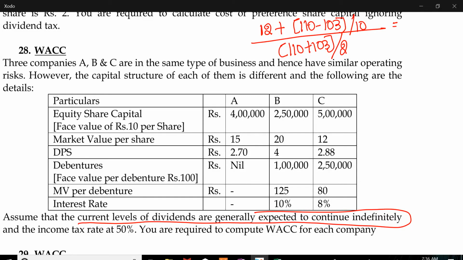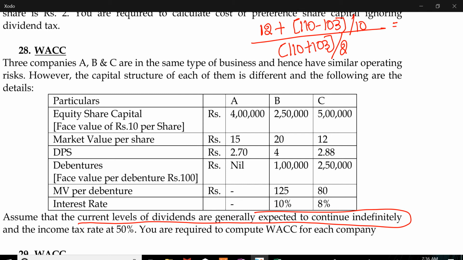Otherwise, in any problem, if you don't have information on growth, growth is 0 only. If you don't have information on growth or you cannot compute using IRR into retention, growth is 0. So, basically you will do K is equal to D1 by P0 and get the cost of equity. That is all.